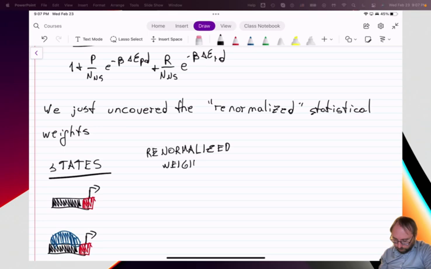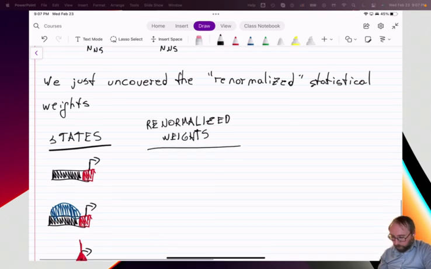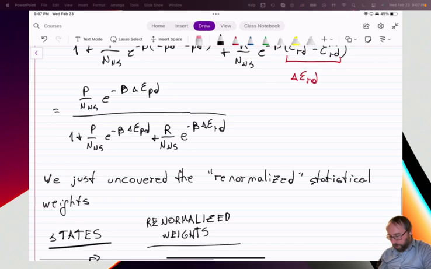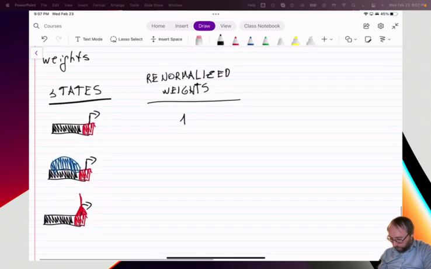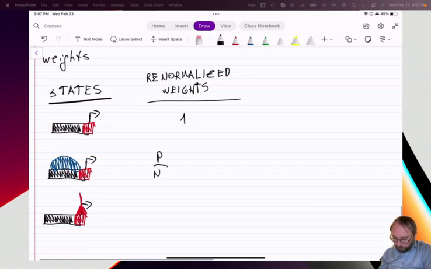So in the renormalized weight language, the first state has a weight of 1, right? The second state has a weight of P over NNS e to the minus beta delta epsilon PD, and the repressor bound state has R over NNS e to the minus beta delta epsilon RD. Polymerase to the DNA, repressor to the DNA.